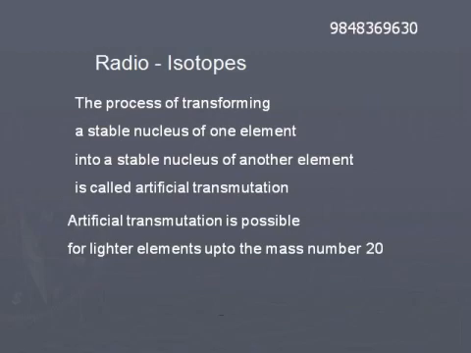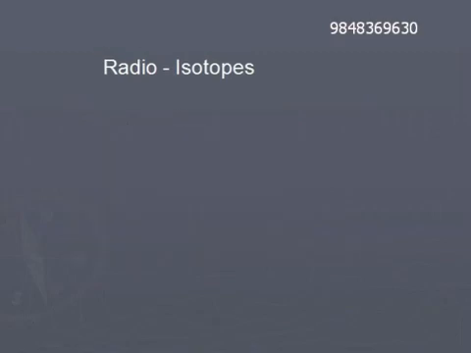In artificial transmutation, we go from one stable nucleus to another stable nucleus. Artificial transmutation is possible for lighter elements, say up to mass number 20.